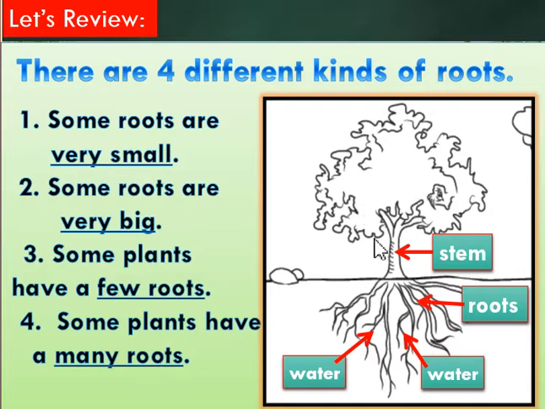And look at this picture. This is the water in the soil, right? And the root is in the soil. The roots take the water from the soil to the stem.